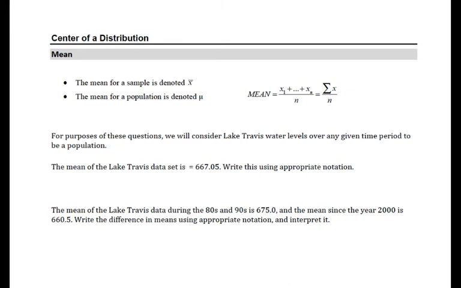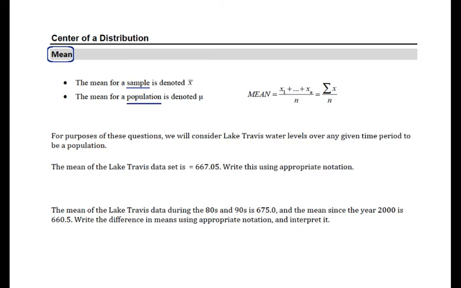When we talk about the center of a distribution for a quantitative variable, there's two different things that we might be referring to. One of those is the mean. We use different notation for the mean depending on whether we are looking at data that represent a sample or a population.